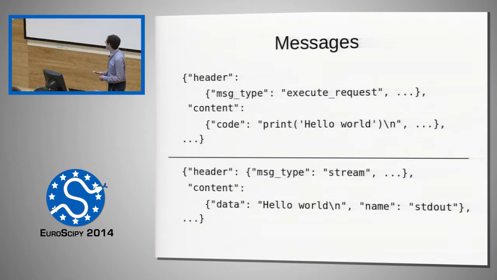And the kernel sends a stream message back saying the text hello world with a newline has come up on stdout, and the front end will display that. And there are different messages for things like displaying rich images versus displaying text. Things like completion requests for tab completion have a corresponding completion reply, and there are introspection requests as well.